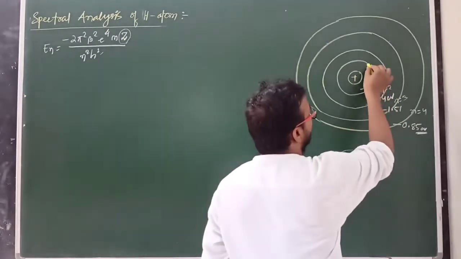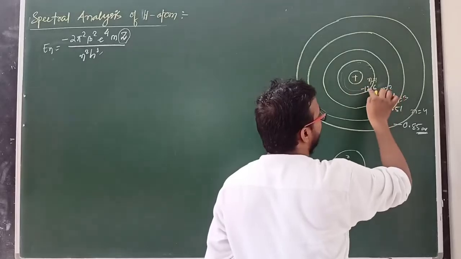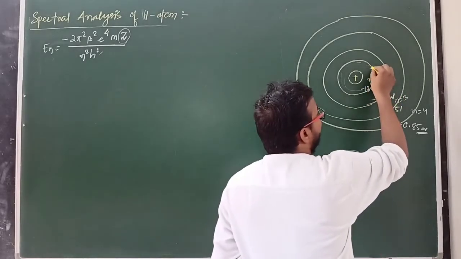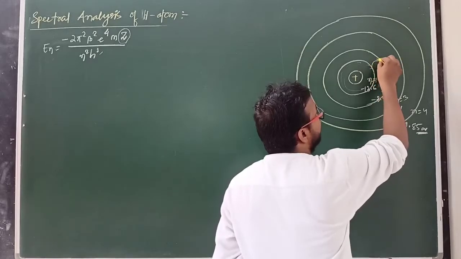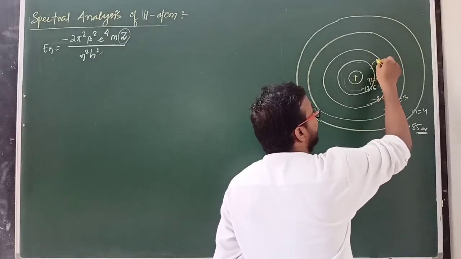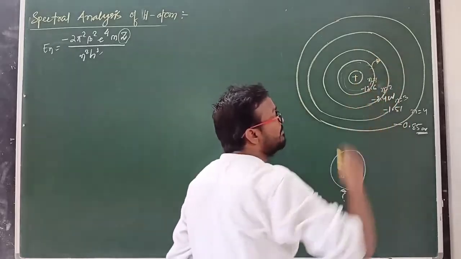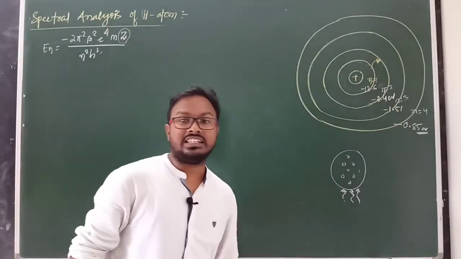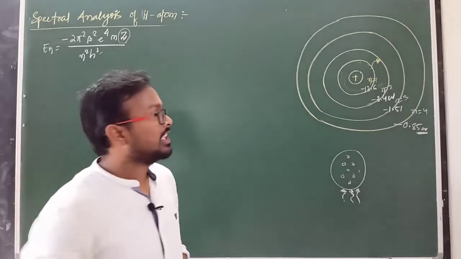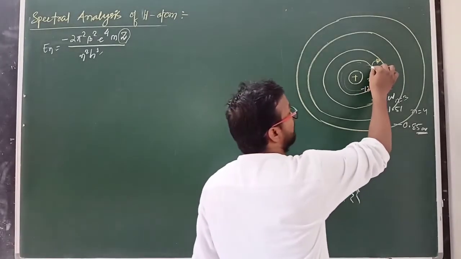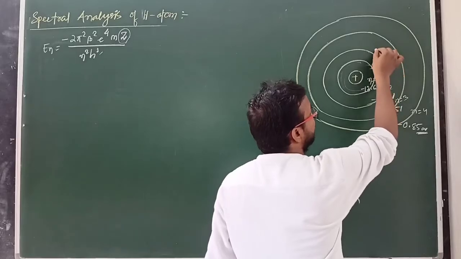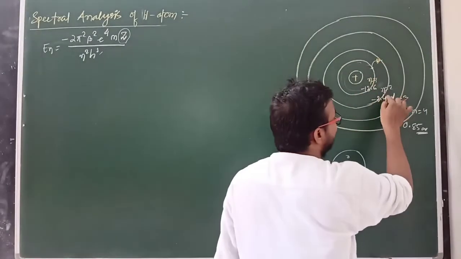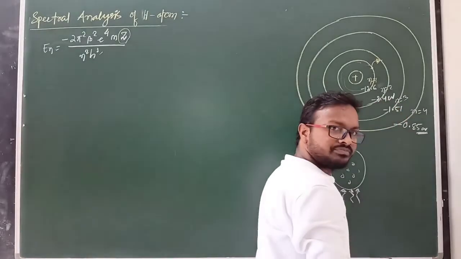Suppose this is the ground state with energy minus 13.6, and when the electron gets a particular amount of energy, it gets excited and jumps to a higher state. How much energy must the electron get to jump from the ground state to the first excited state, or second orbit, where the energy is minus 3.4?